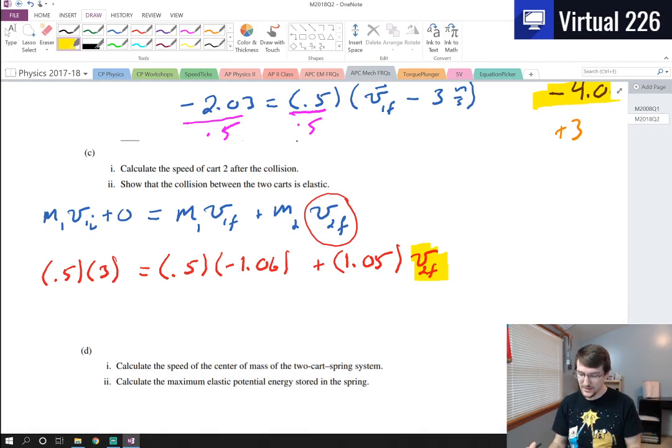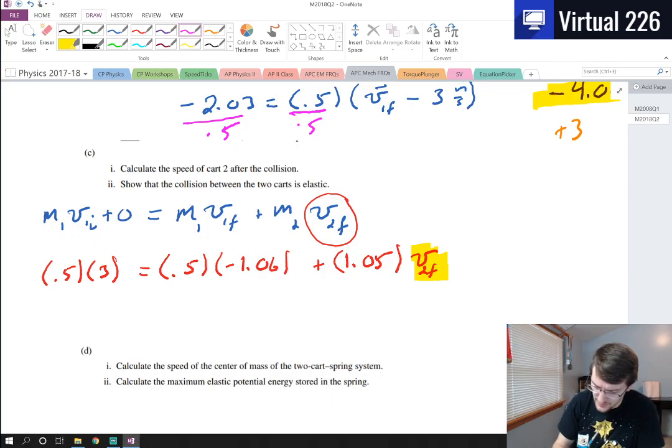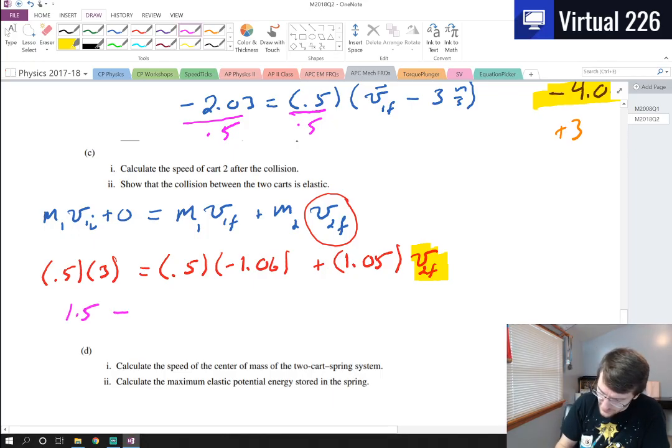It's just a conservation of momentum problem. So if we go ahead and math this out just real quick, that's about 1.5. This is going to be equal to about 0.53 plus 1.05 V2F.